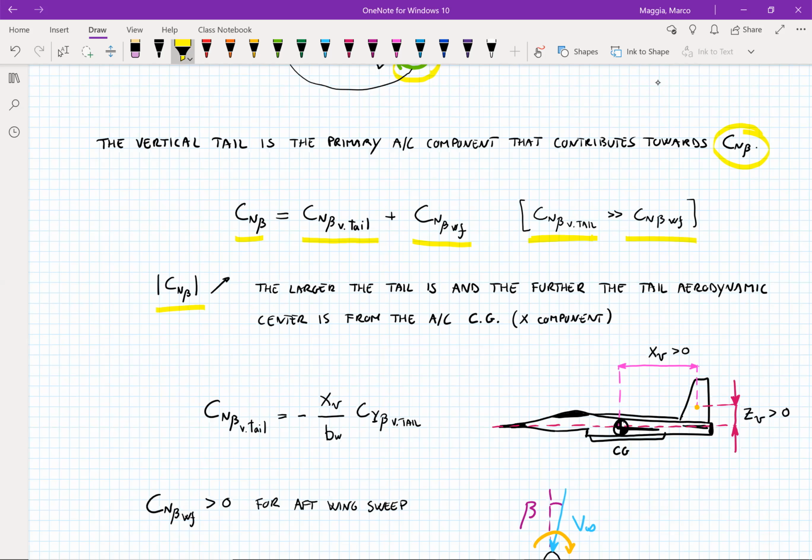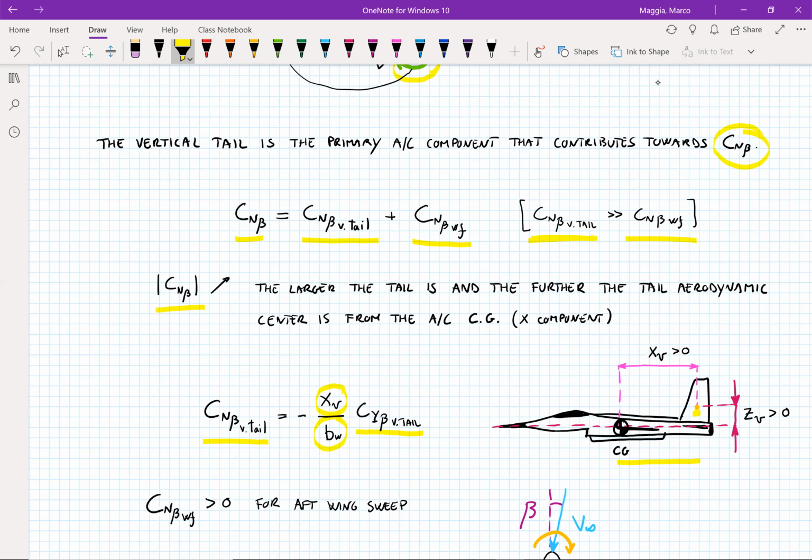And in fact, we can write Cn beta, at least the component due to the vertical tail, as the component Cy beta of the vertical tail that we saw last time times a length xv. Now the length here is non-dimensionalized using the wingspan, but this xv is the length between the center of gravity and the aerodynamic center of the tail.